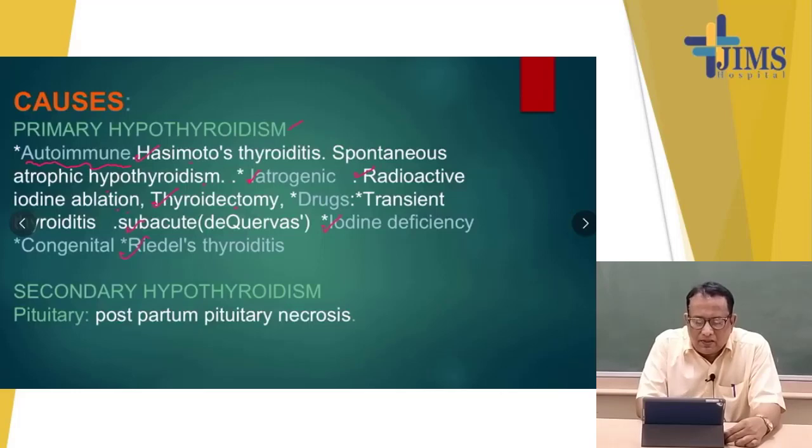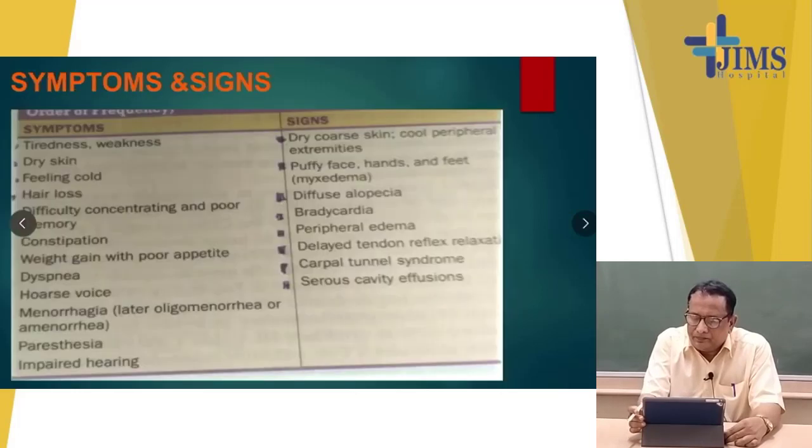There may be postpartum pituitary necrosis following labor and PPH. We call it Sheehan syndrome. It is not uncommon. In previous days when obstetric management was not so good, we used to see Sheehan syndrome, that is secondary hypothyroidism.